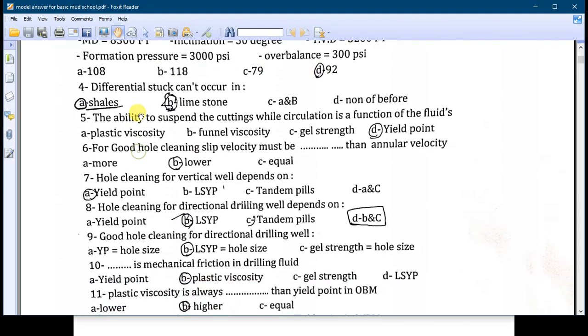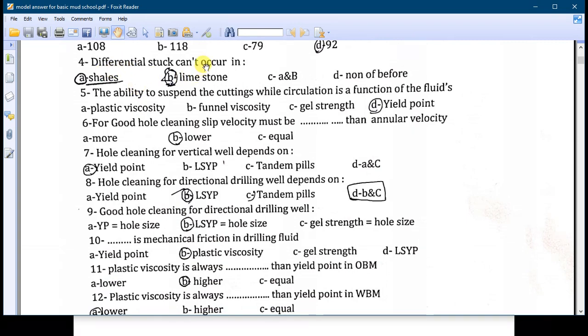Differential sticking cannot occur in... This is a very important question I have already asked when I was conducting interviews. Differential sticking cannot occur in shale. Why?